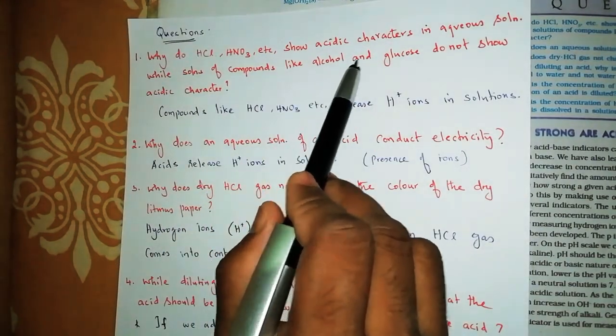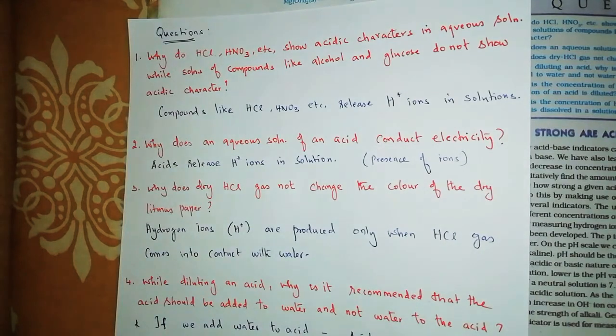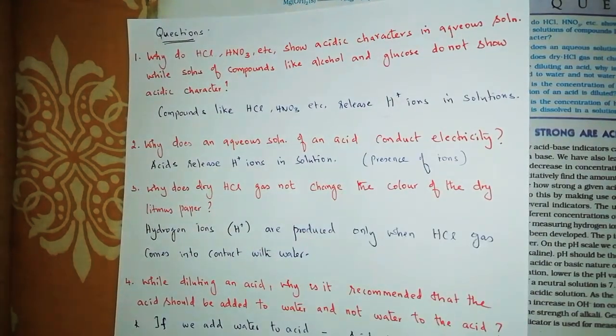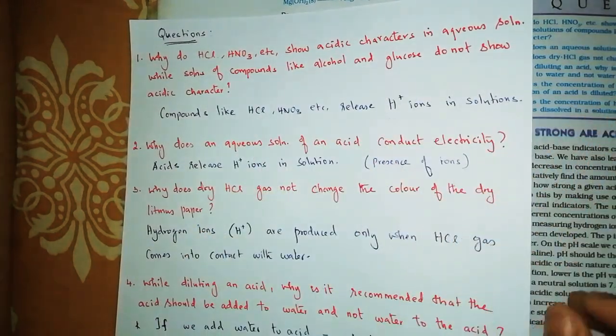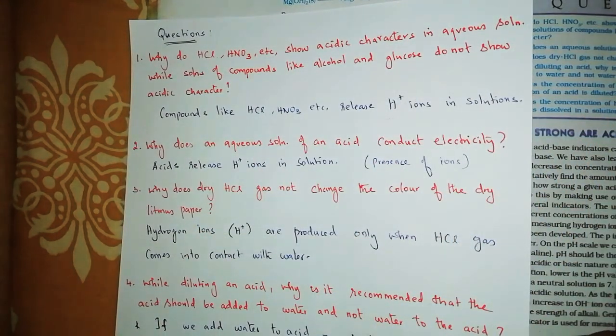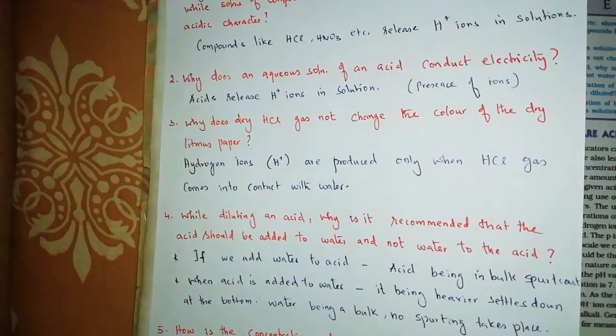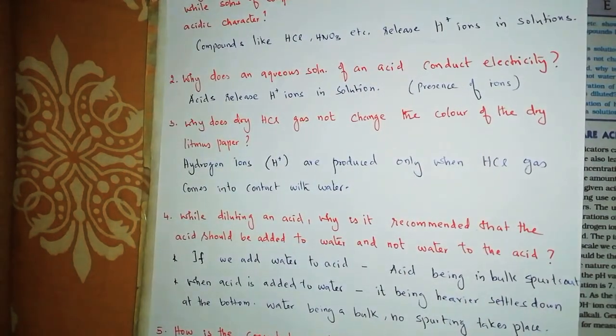Alcohol and glucose never produce these H plus ions.